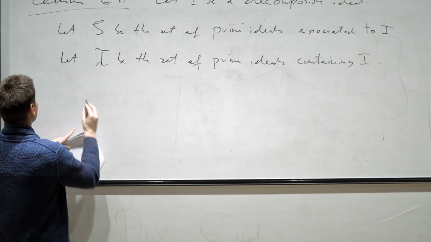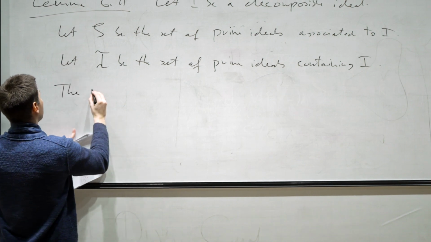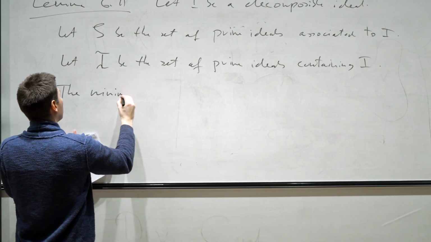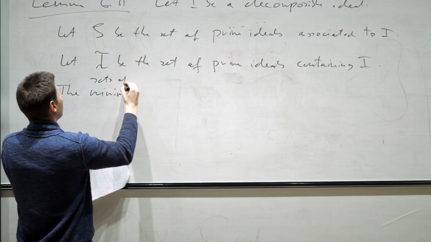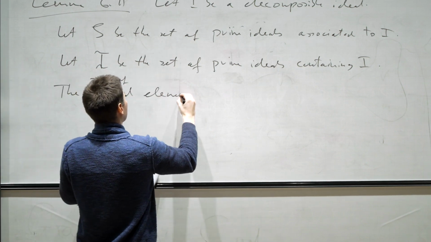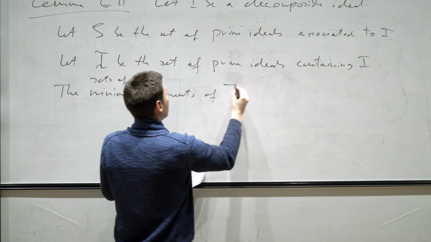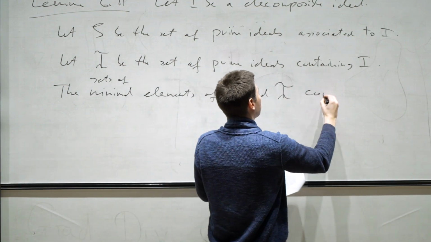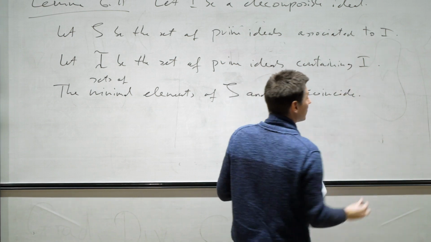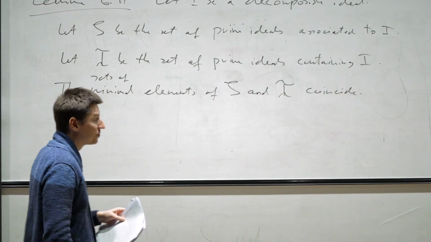And now here's the statement. The sets of minimal elements of S and curly I coincide. They have the same minimal elements. Okay, that's the statement.